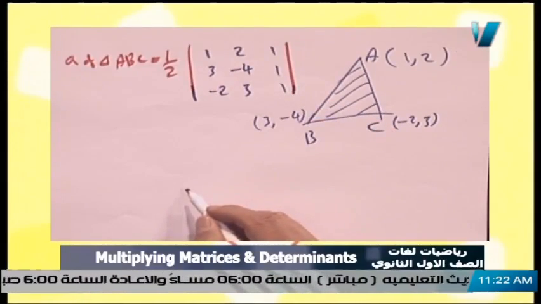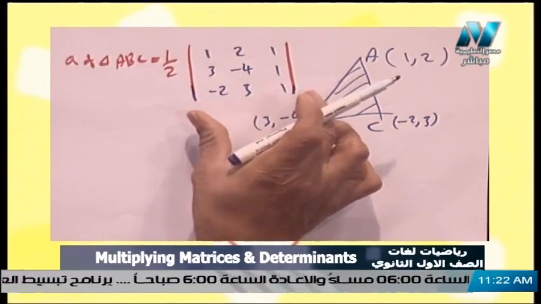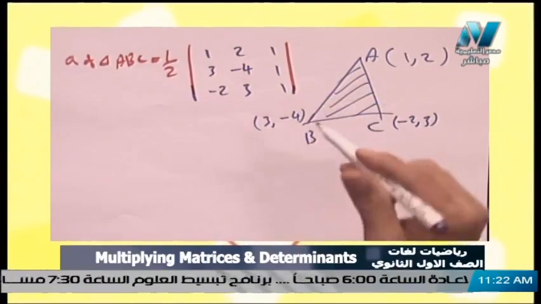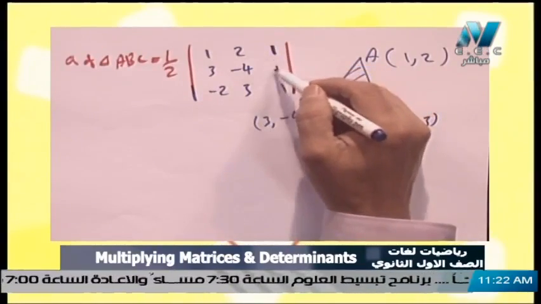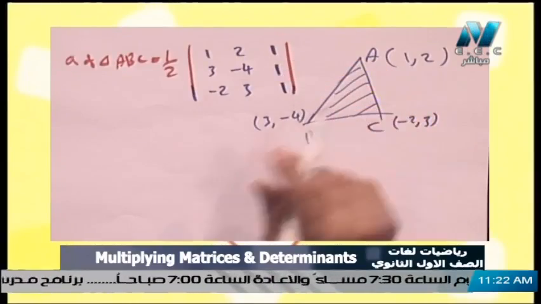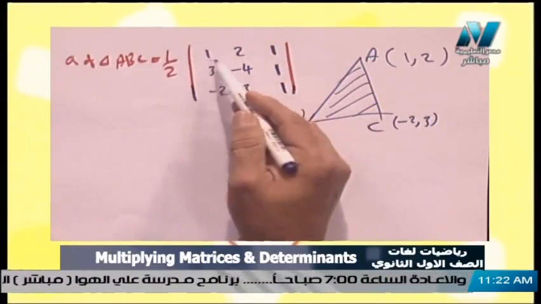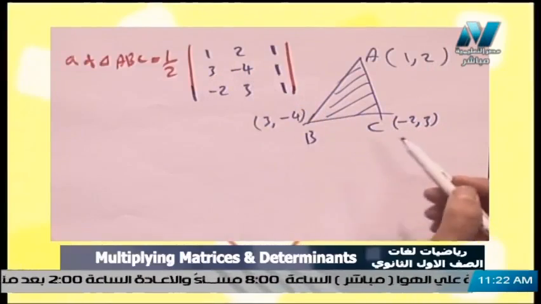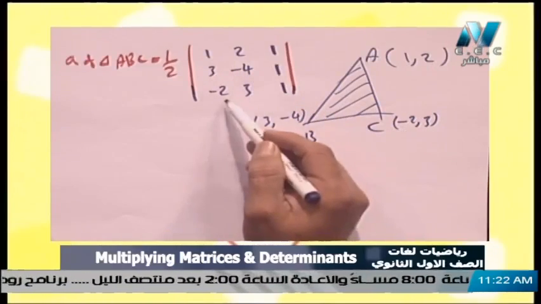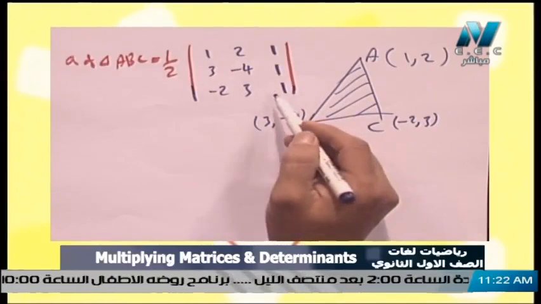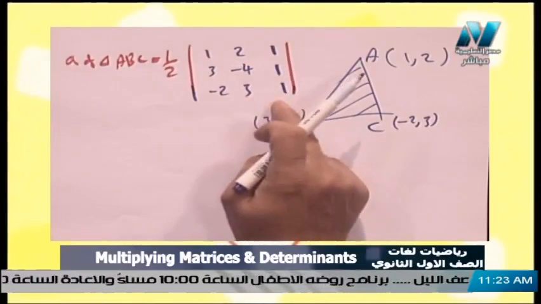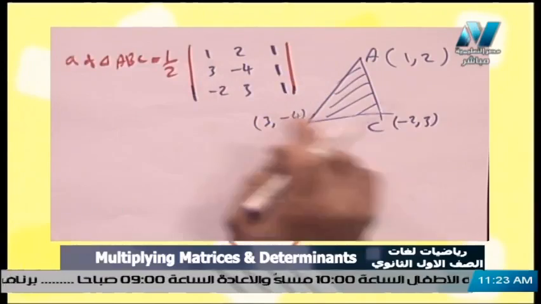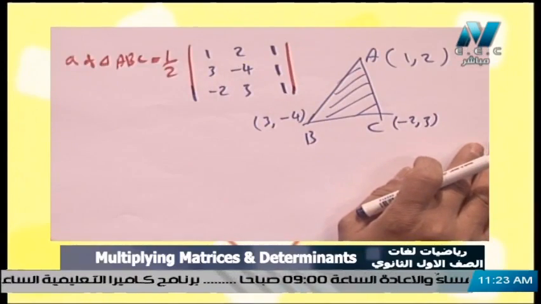So we have this rule, half multiplied by a determinant. This determinant contains the last column of ones, and the point A, 1 and 2, the point B, 3 and negative 4, the point C, negative 2 and 3. If we find the value of this determinant multiplied by half, we will find the area of the triangle.